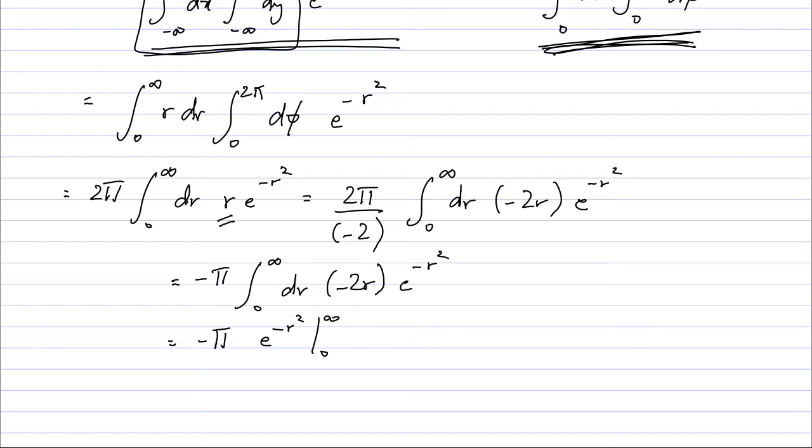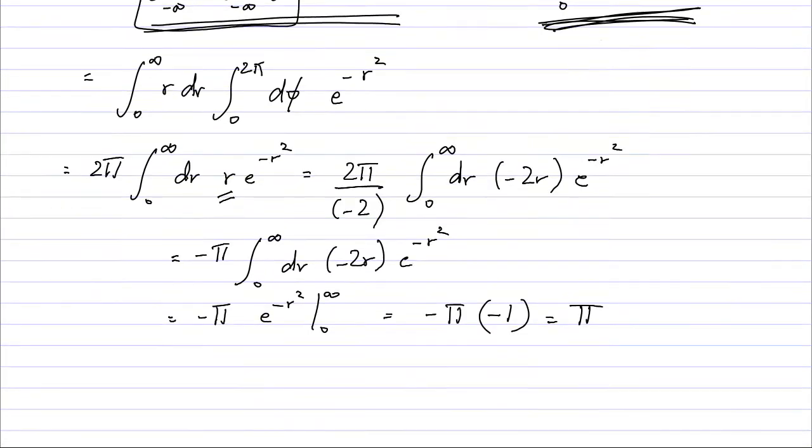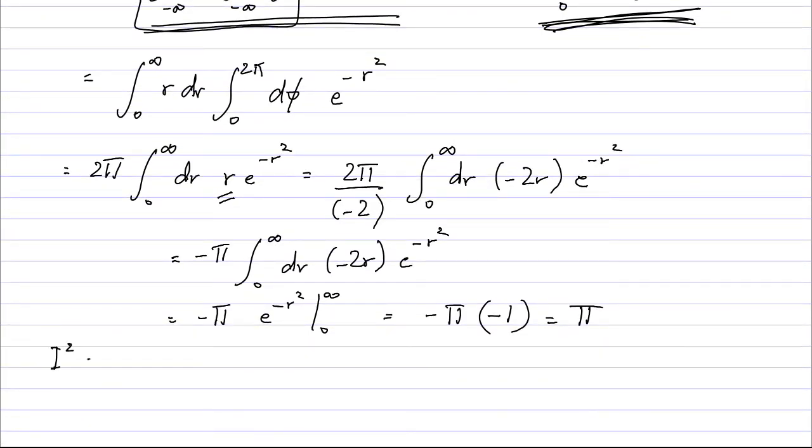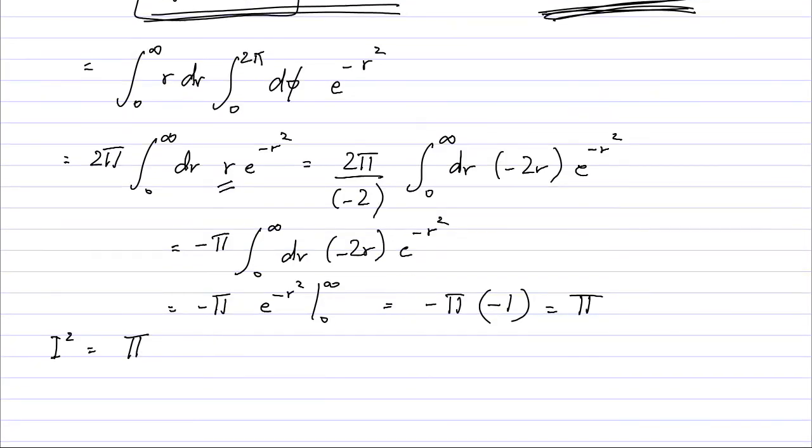When you plug in infinity, you get 0 because you get e raised to power minus infinity, and then you get minus e raised to power 0, which is minus 1, so you get pi. So that's what you get for I square. I square is given by pi, and so I is simply given by square root of pi.